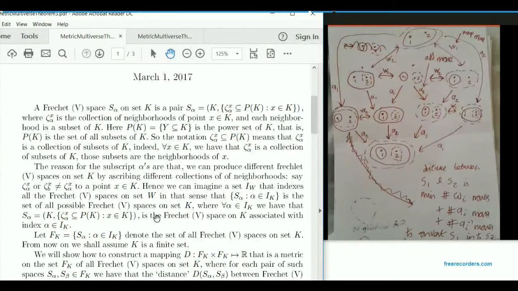And so then we can talk about two different Frechet spaces that both live on the set K. We can call one S alpha and one S beta. We can think of alpha and beta as members of this index set I of K.